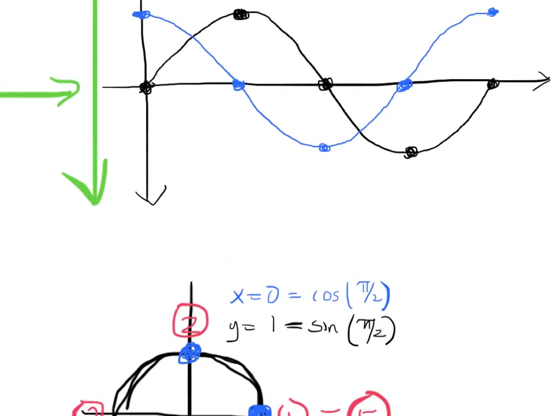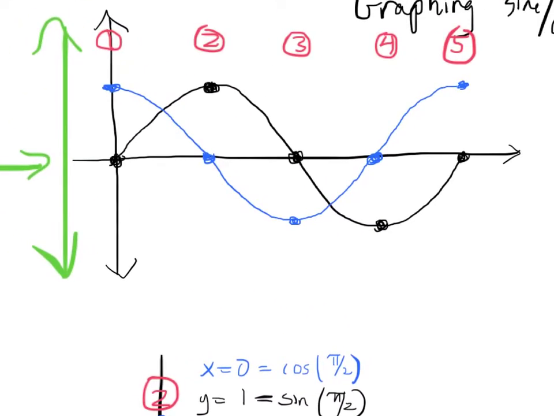So what am I saying with these first 2 points? I'm saying the angle is 0. And then with the next 2 points, I'm saying the angle is pi over 2. And then pi, and 3 pi over 2, and 2 pi. And of course, on the y-axis, we're alternating between 1 and -1.